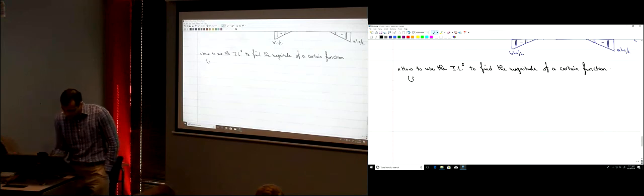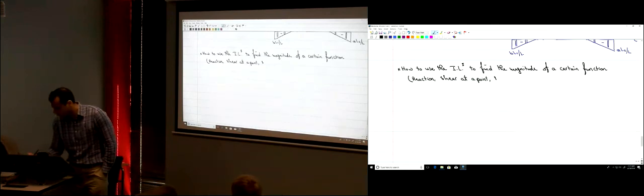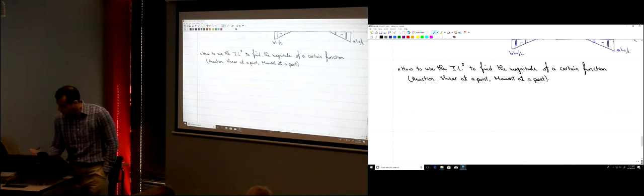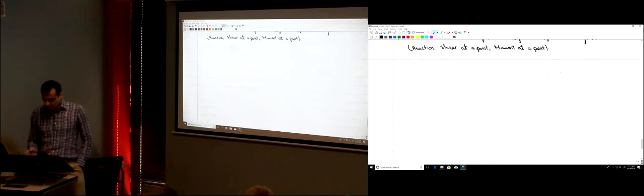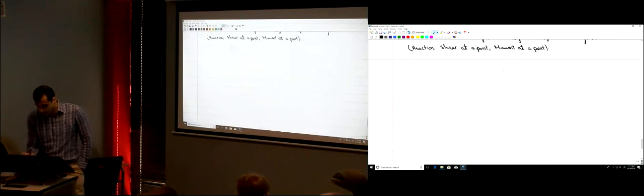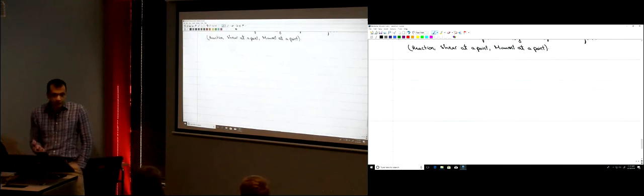This function can be a reaction or shear at a point or moment at a point. So let's say an example here. How will we do this? It all comes from the definition of the influence line. There is no theory, or a new theory, that we're going to present here.